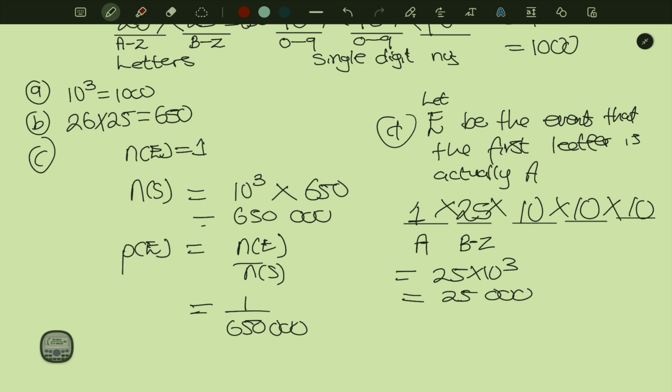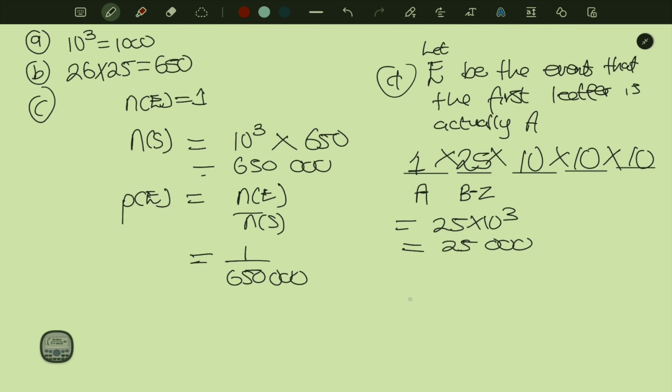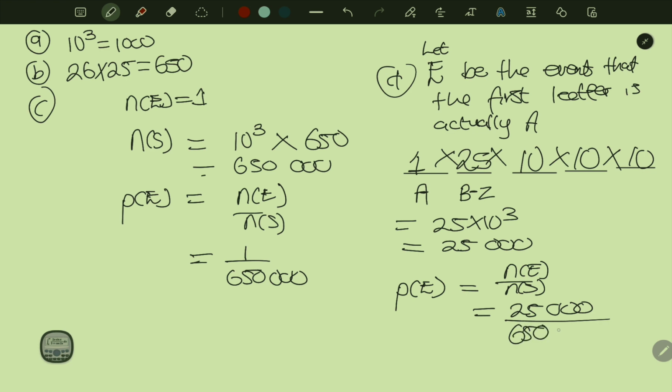Fantastic. But remember, we have a total number of outcomes, which is 650,000. So the probability that event E will occur will be equal to n of E divided by n of S. Remember, n of E is the total number of combinations such that they start with the letter A, so that is 25,000. n of S is the total number of combinations, which is 650,000.